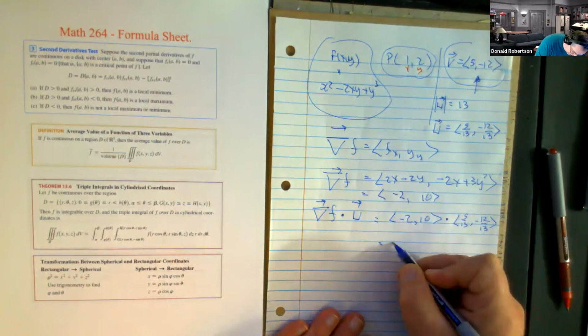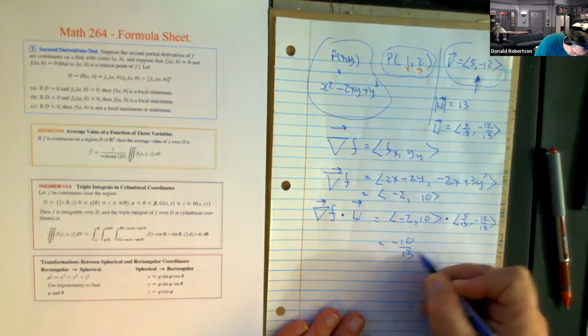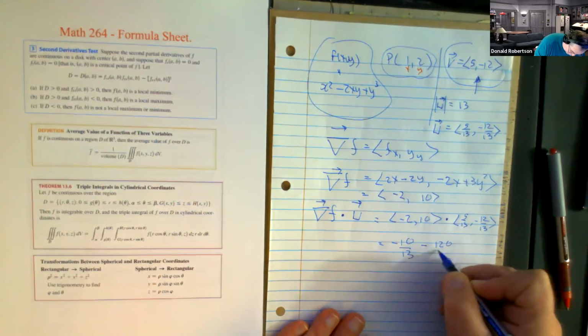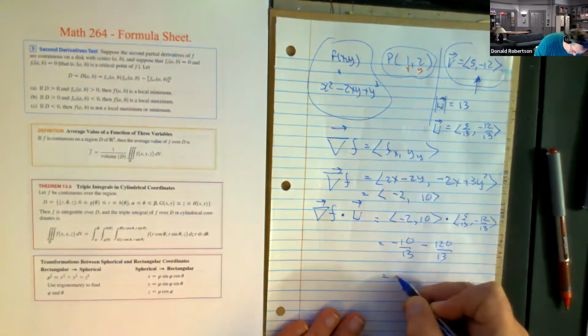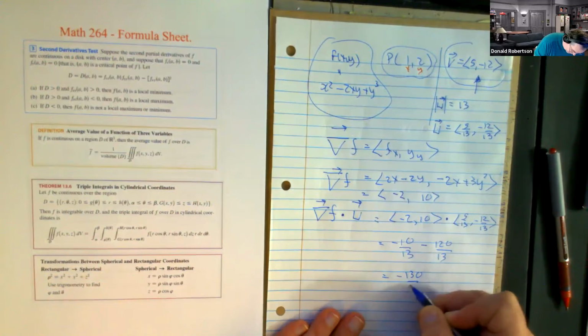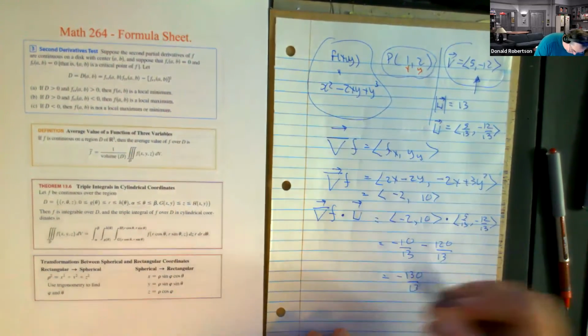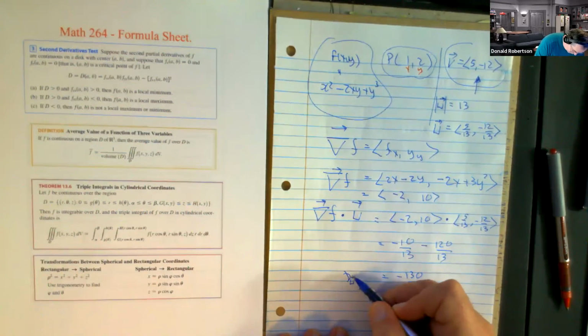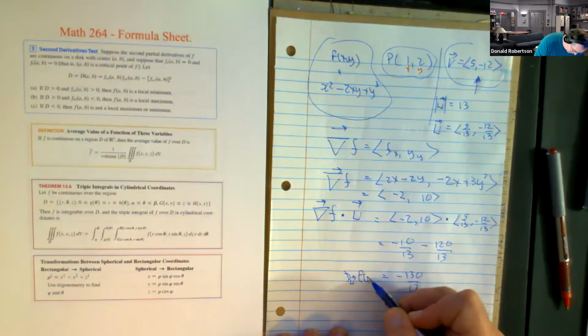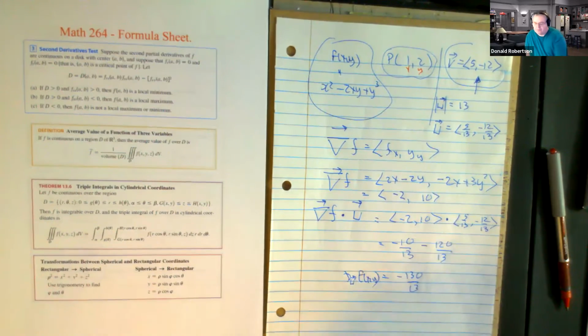And that's going to get me negative 10 thirteenths minus 120 thirteenths to get me negative 130 thirteenths. So there's my directional derivative.